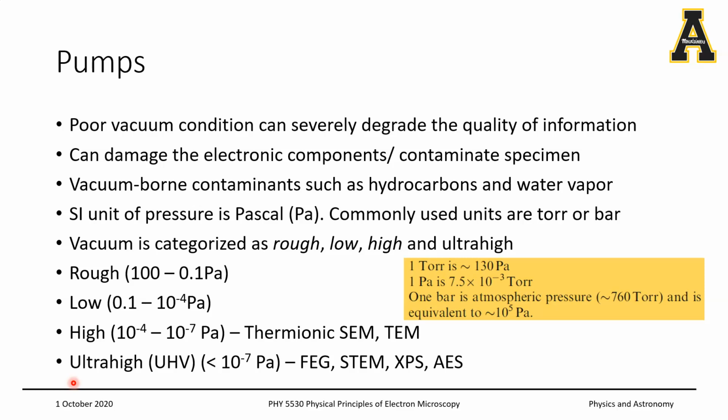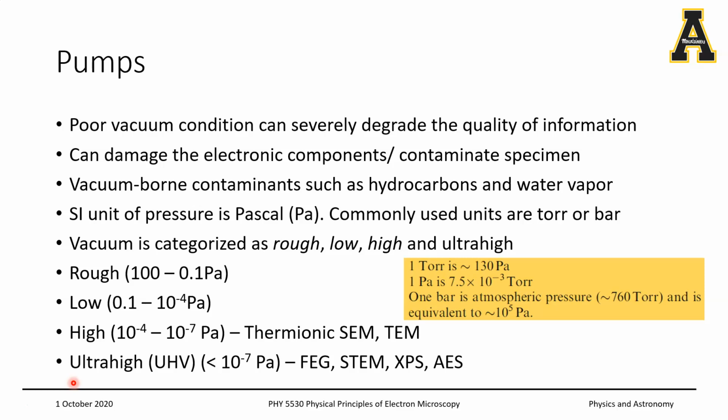So as a user, what I expect is you are familiar with the different microscopy techniques, the vacuum pumps, and how you would choose your vacuum setup depending on what kind of electron microscope you desire to use.